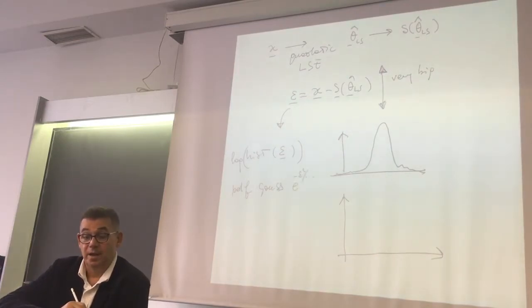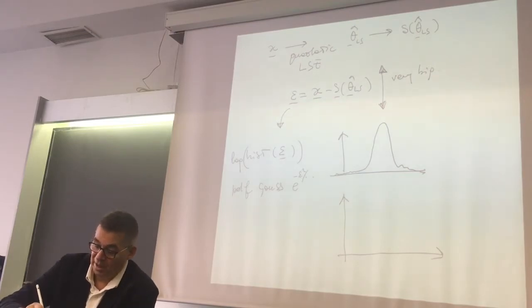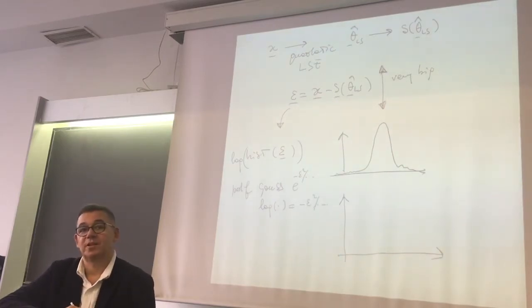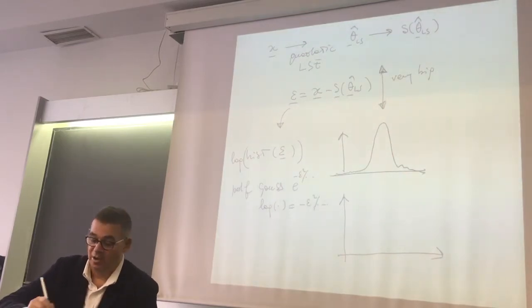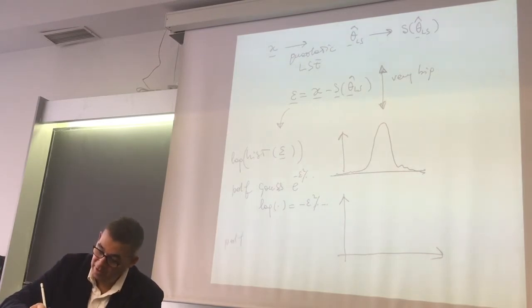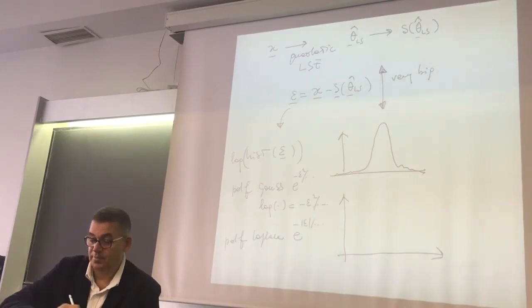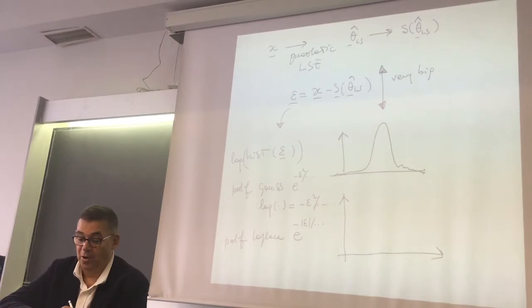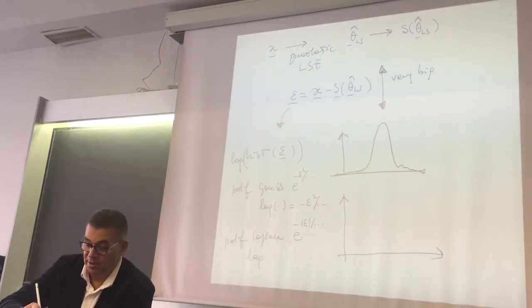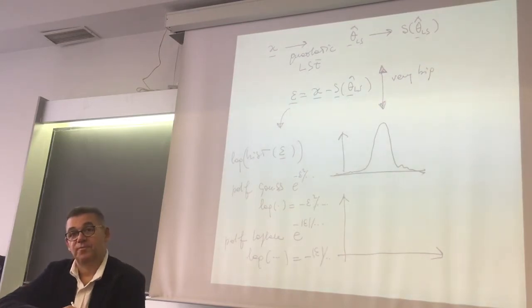If that one is Gaussian, the logarithm is equal to minus epsilon squared divided by something. Now, if the PDF is Laplace, Laplace means e to the minus epsilon divided by something. If I make the logarithmic, this is equal to minus epsilon divided by something.